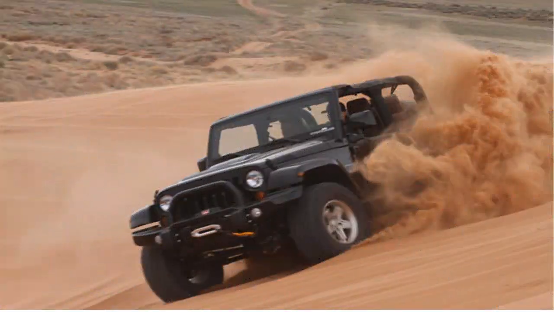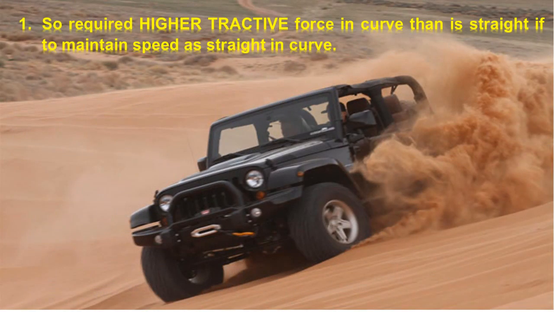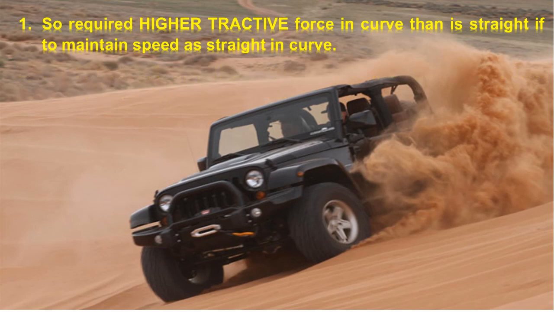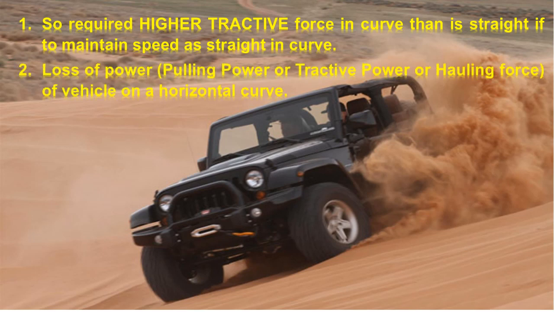To maintain the same speed as on a straight road, there is a loss of power, or pulling power, or hauling force of the vehicle on a horizontal curve. Curve resistance develops only in vehicles having rear driving wheels. Curve resistance is significant on hill roads.